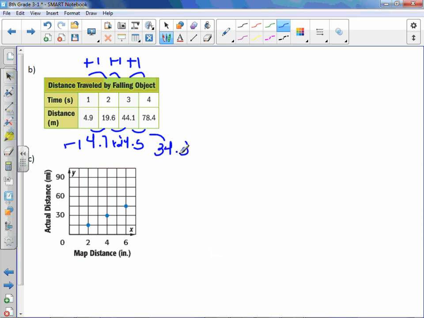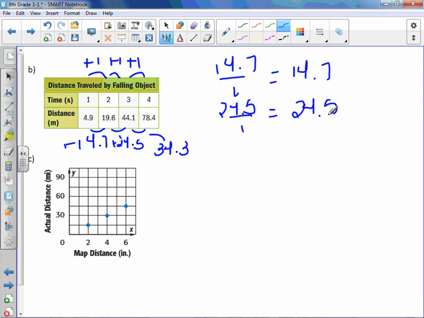So take each one. We have 14.7 over 1, which equals 14.7. We then have 24.5 over 1, which equals 24.5. And we have 34.3 over 1, which equals 34.3.